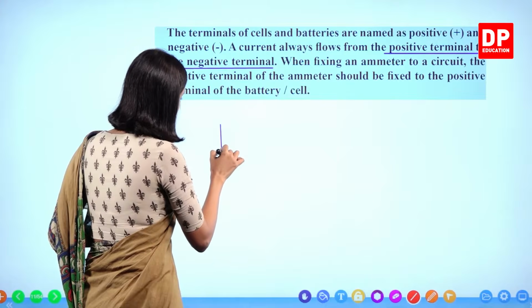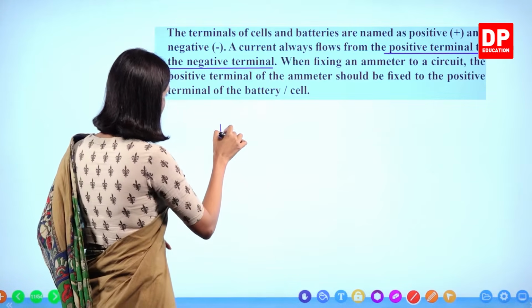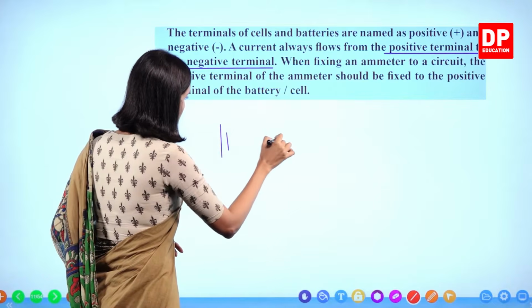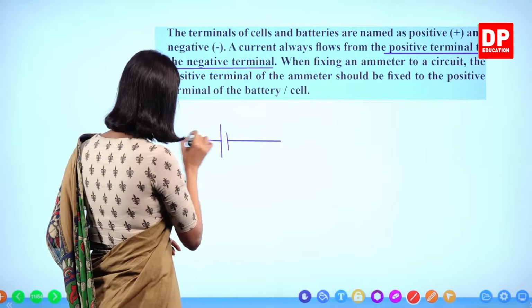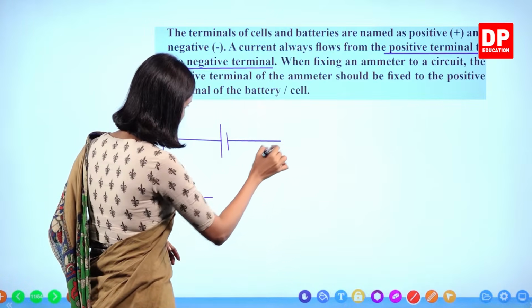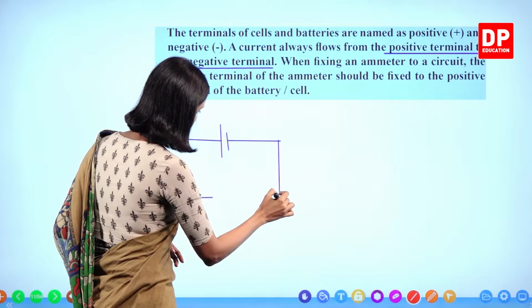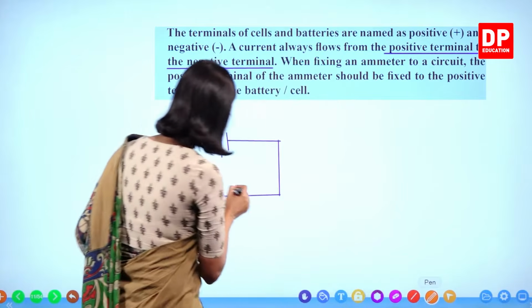So we will consider a simple circuit. Now if this is a dry cell, and connected to a very basic circuit with one bulb, right?